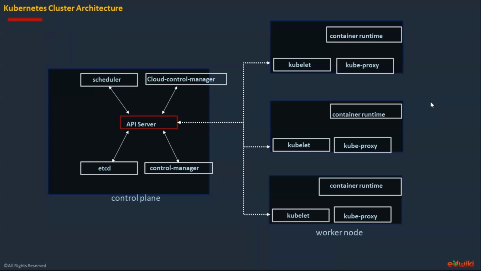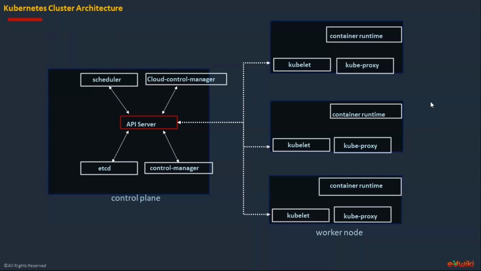It will verify how much processor and memory is needed to run the application, and which EC2 server has enough processor and memory capacity. It will do some checklist. Finally, the scheduler service will decide that, okay, worker node 1 is the good choice to run my application. That's how the scheduler decides.